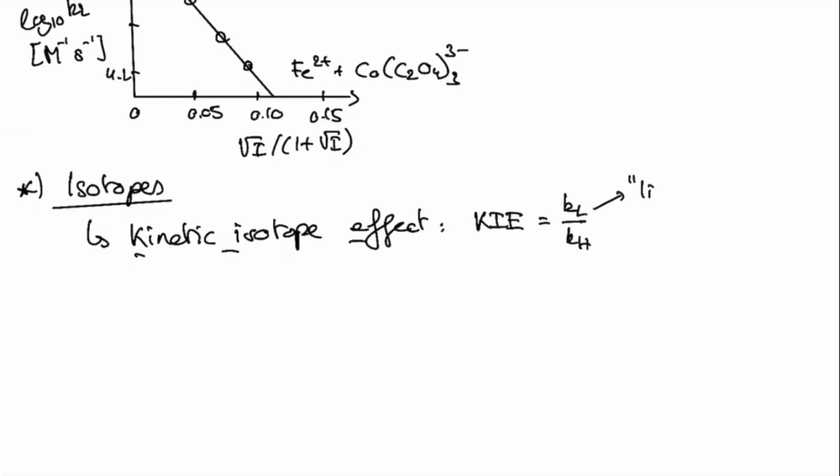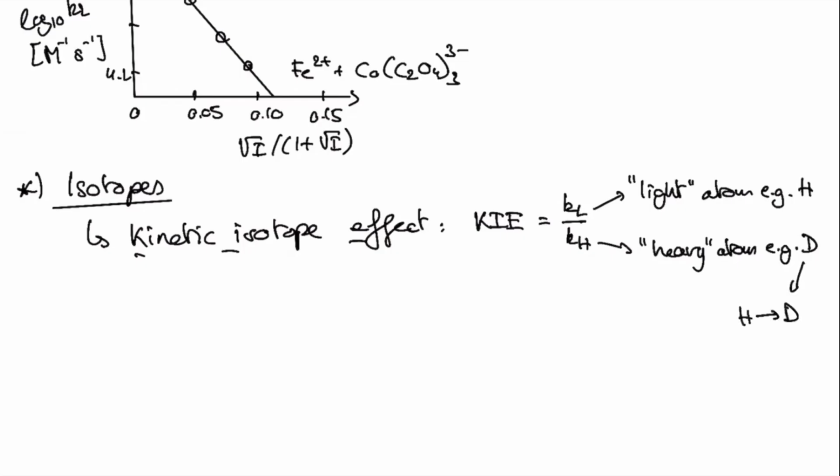It stands for light atom and H for heavy atom. So for example, you could compare hydrogen to deuterium. That is actually the biggest change you can get, right? When you go from hydrogen to deuterium, the mass of the atom increases 100%, which is a lot, right?